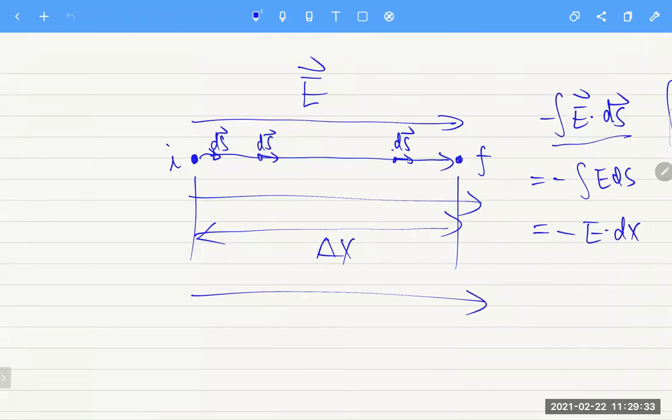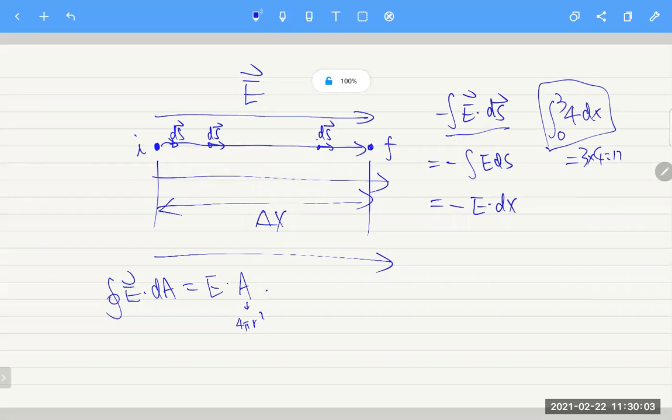Similar to previously, when we use Gauss's law, E dot dA, and you consider the E field is uniform over the Gaussian surface, it will be something like E times A, and sometimes it's spherical, so A will be 4 pi r squared.